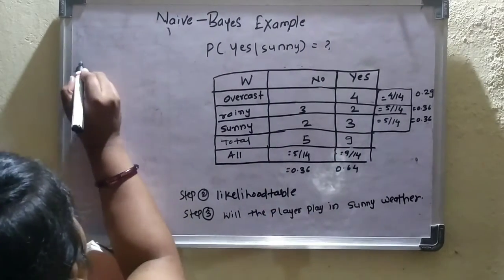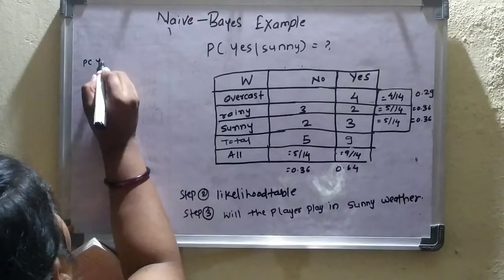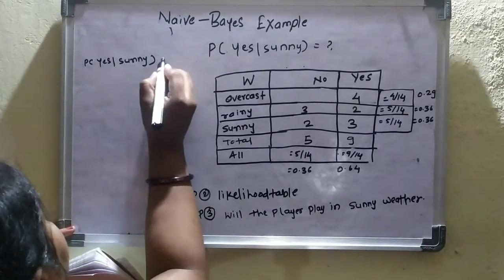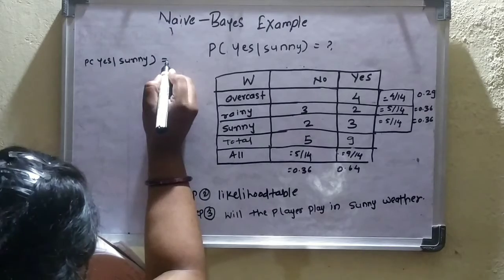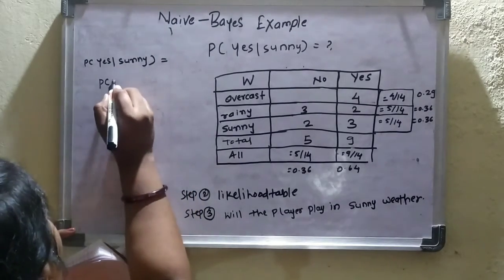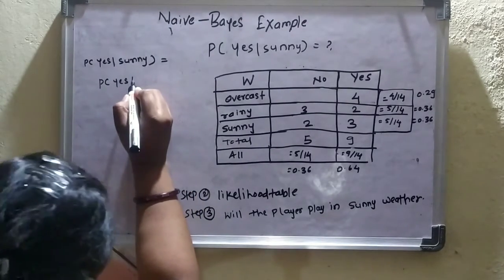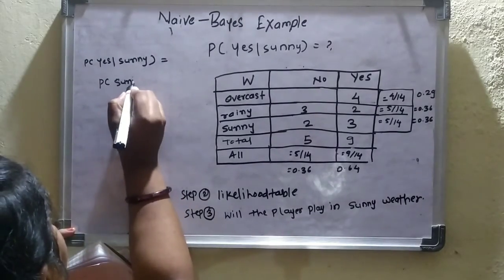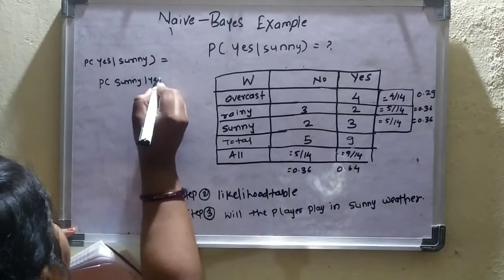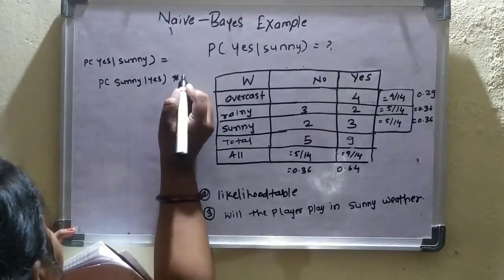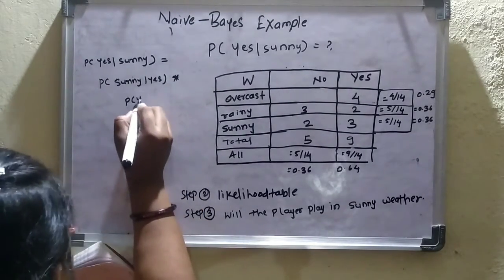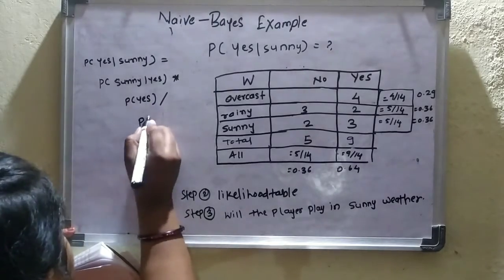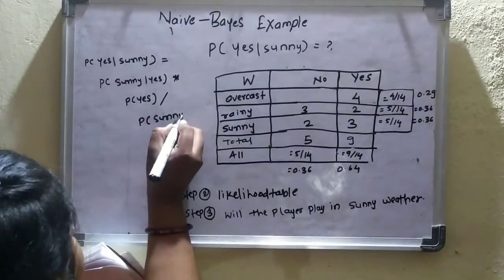How will it be? The probability of yes given Sunny will be the probability of Sunny given yes, into the probability of yes, divided by the probability of Sunny.